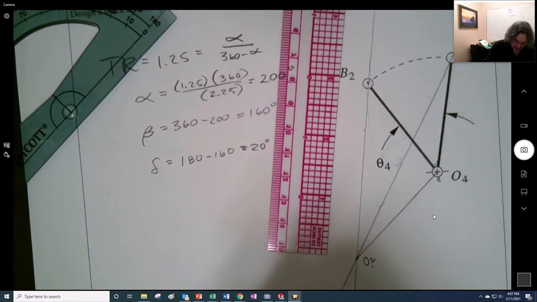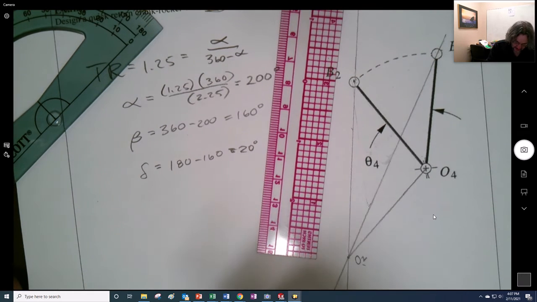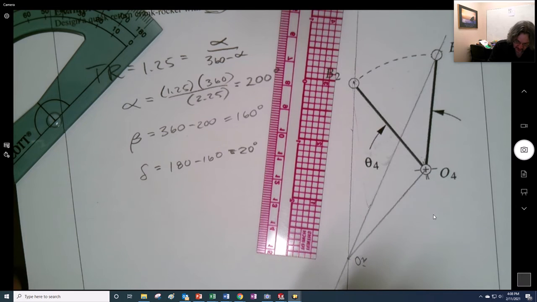Okay, and according to this, we're going to say that the coupler minus the crank is equal to O2 B2, and the coupler plus the crank is equal to O2 B1.